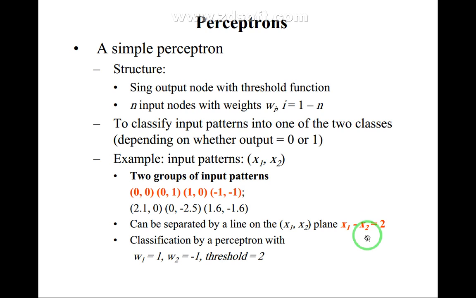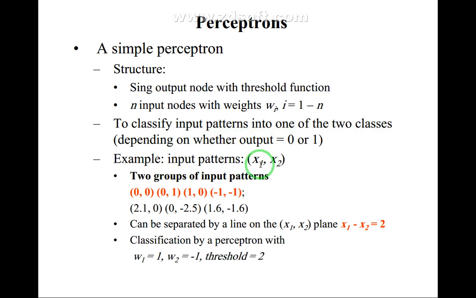And a simple perceptron structure: a single output node with threshold function, and input nodes with weights to classify input patterns into one of the two classes depending on whether output is 0 or 1.